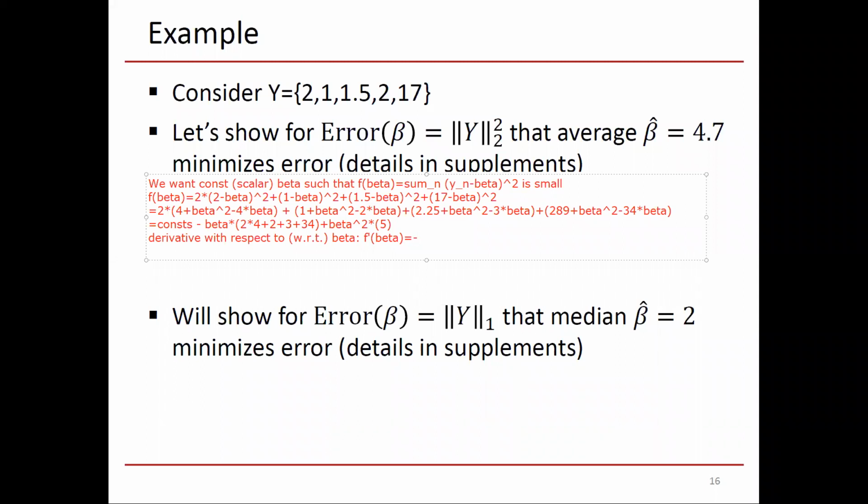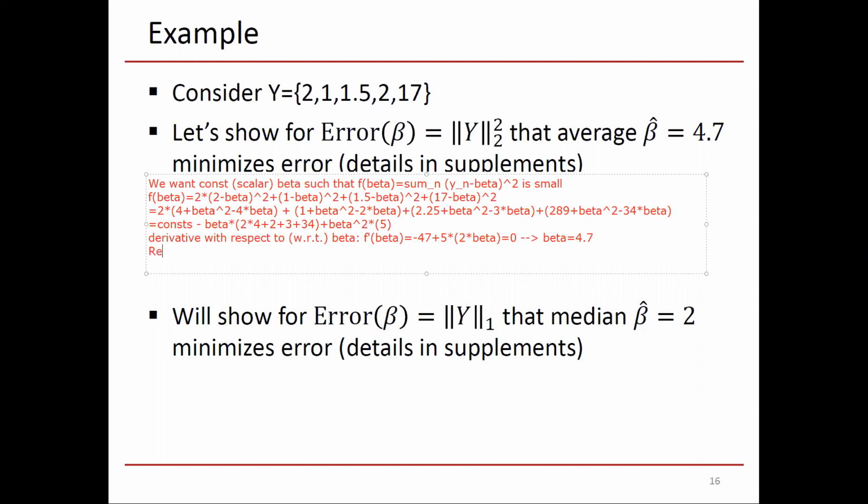So basically, 2 times 4 is 8, plus 2 is 10, plus 3 is 13, plus 34 is 47, so minus 47. And now we have 5 beta squared, and the derivative of beta squared is 2 beta. Overall, we have 10 beta minus 47, and we want it to be 0. This means that beta is 4.7. And that's what I wrote earlier, that beta hat, the optimal beta, is 4.7.